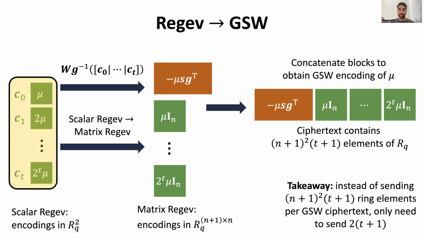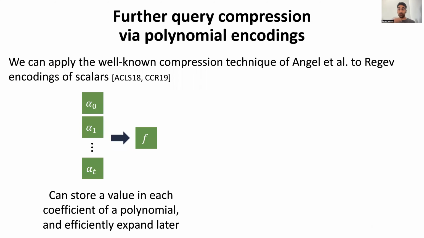But there's a real reason we're doing this that is a much larger factor of compression, which is this known technique. If you want Regev encodings of many values in Z_q, like many integers mod q, then you can pack all of those values into a single encoding of a single polynomial, and then you can use this known technique to extract Regev encodings of each of the coefficients separately.